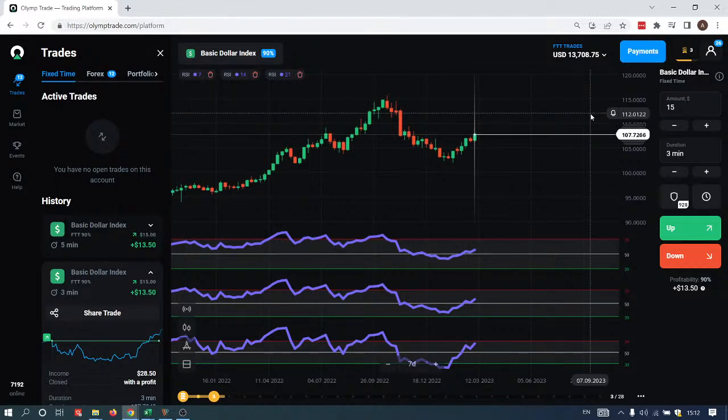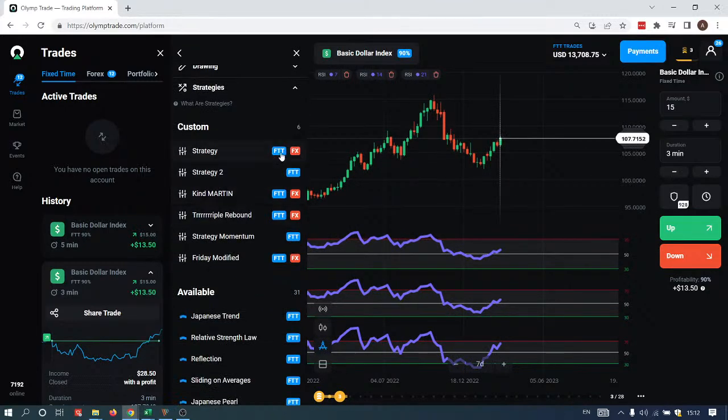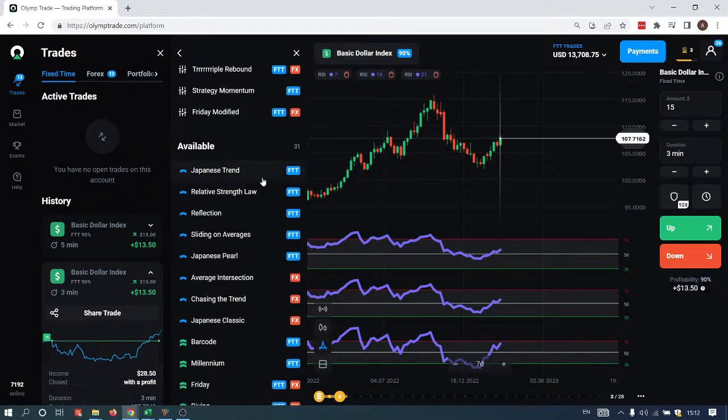So that is it. To put it simply, you can use almost any of our trading strategies. You need to click here, and we left some hints here. Some of these strategies can be applied to FTT mode only, or of course you can apply these trading strategies for FTT trades as well, but they were originally specifically designed for Forex.